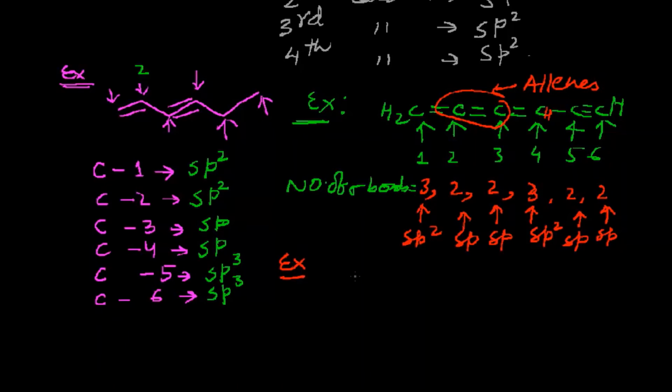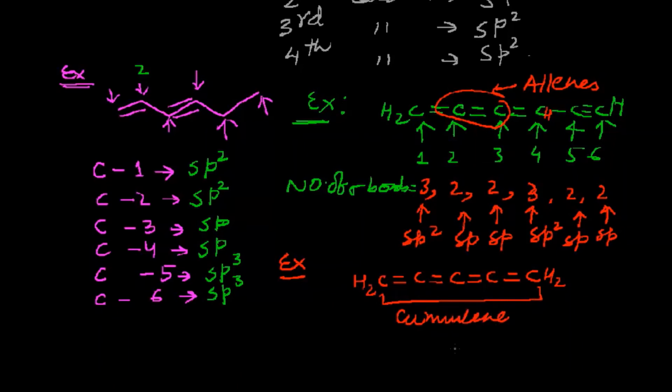So if I would have taken like this one, H2C double bond C double bond C double bond C double bond CH2. So this is called cumulene, that is cumulated alkene. This is cumulene or cumulated alkene.